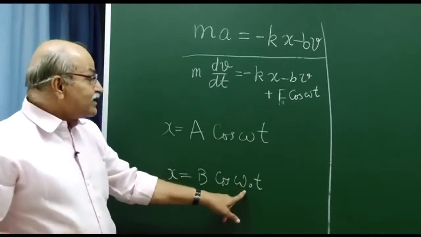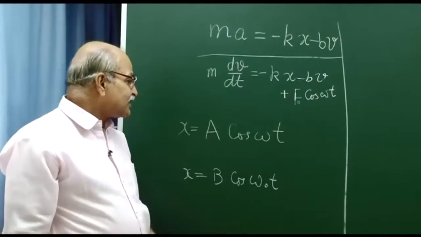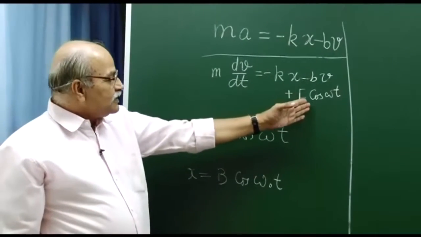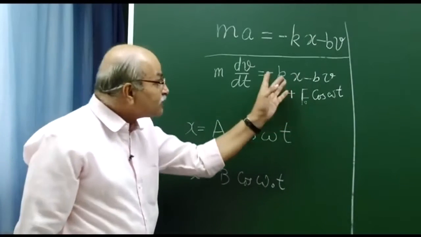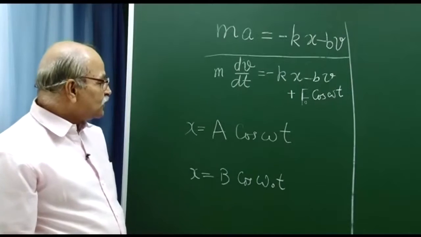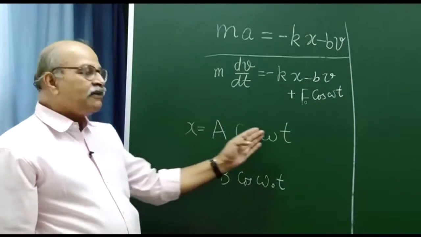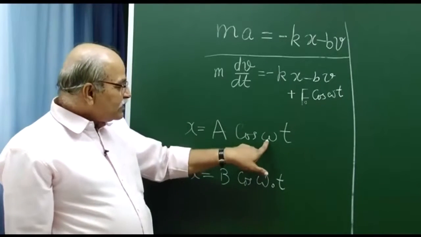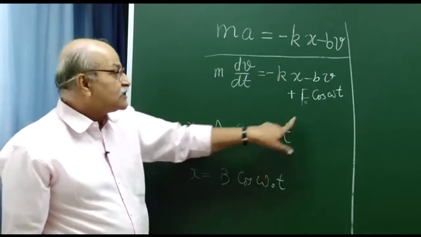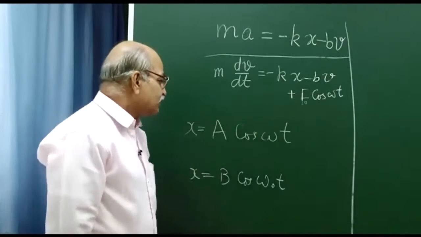This omega naught is that square root of k by m, so this is the natural frequency. But if the periodic external force is there apart from this restoring force and some damping is there, you again have a periodic motion, but then the frequency is omega.